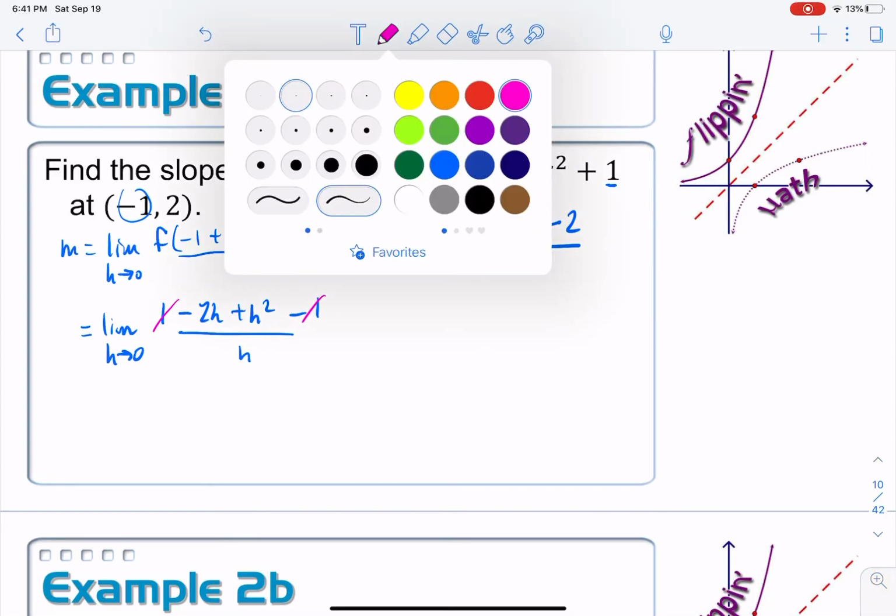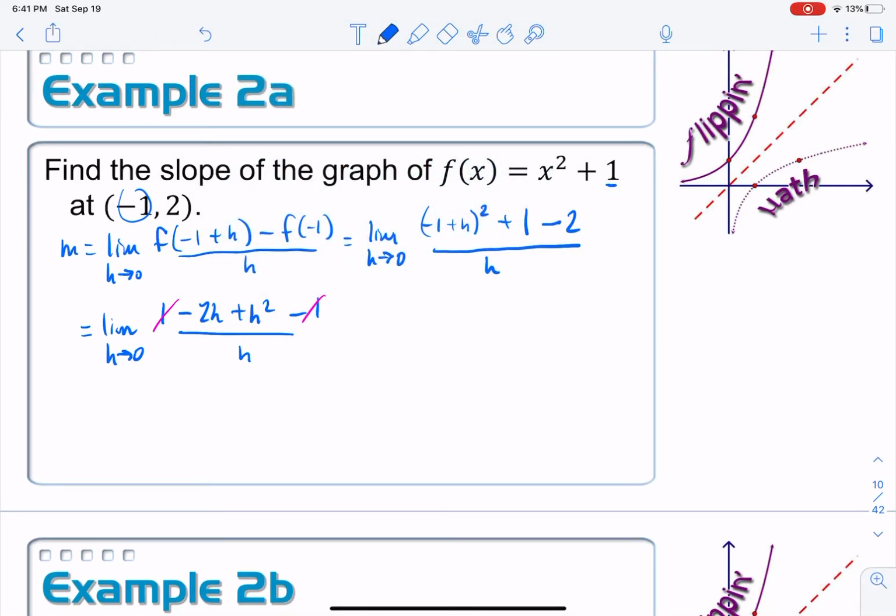All right, now then, am I done yet? I don't know. If I plug in a 0 here, I just get 0 across the top, 0 on the bottom. No, I'm not quite done. Maybe what I can do is factor out a common factor of the h's across the top. Limit as h goes to 0 of, pull out an h, negative 2 plus h, over h.